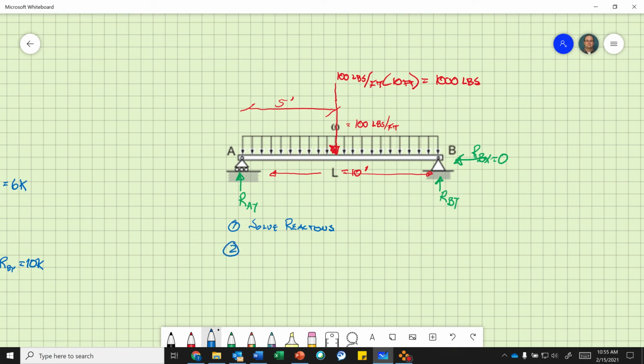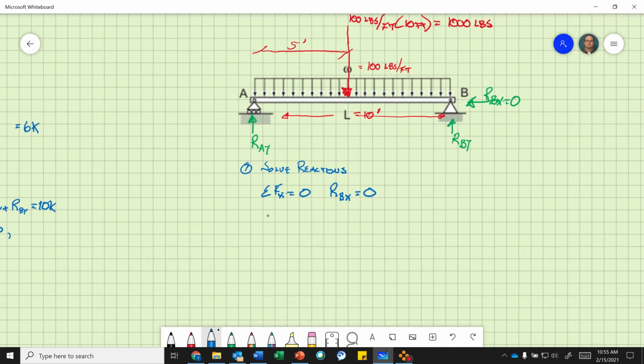Sum of the forces in the X direction has to equal 0. Reaction at point B in the X direction equals 0. There is none. Sum of the forces in Y has to equal 0.